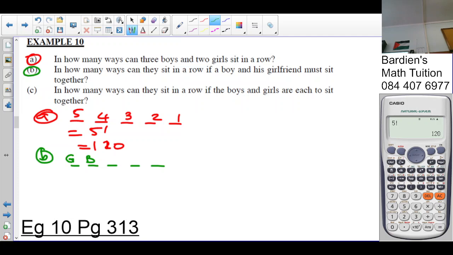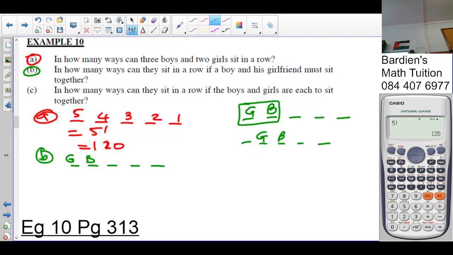So they're together. Okay, so think about it. This can happen as girlfriend and boyfriend in the first two seats. The girlfriend and boyfriend would be sitting there, together.